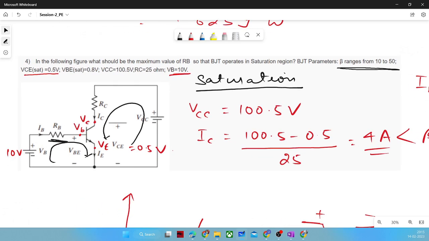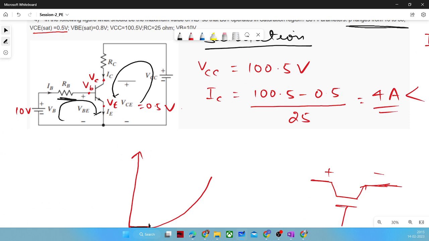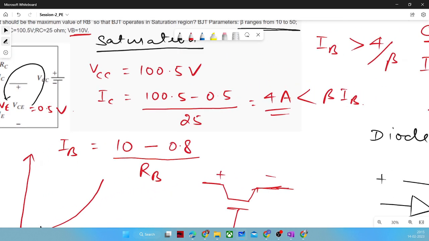We need to apply KVL in the inner loop or input loop, and that will be IB is equal to 10 volt, that is VB, minus VBE at that is given 0.8, divided by RB, right? So further we can simplify it. We just need to find RB.